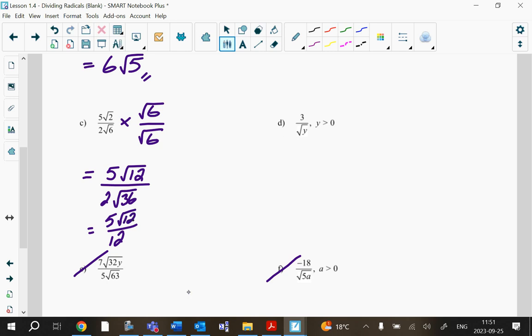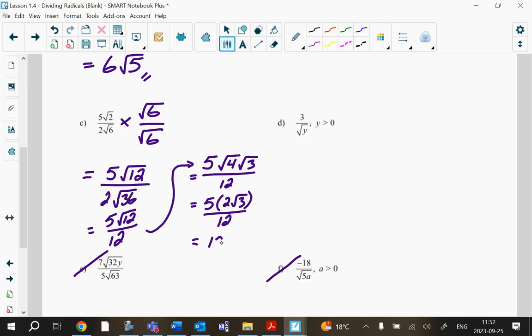Done? No. Because we can simplify the root 12. That can break down to root 4 times root 3. Which means it becomes 5 times 2 root 3. Which means it becomes 10 root 3.